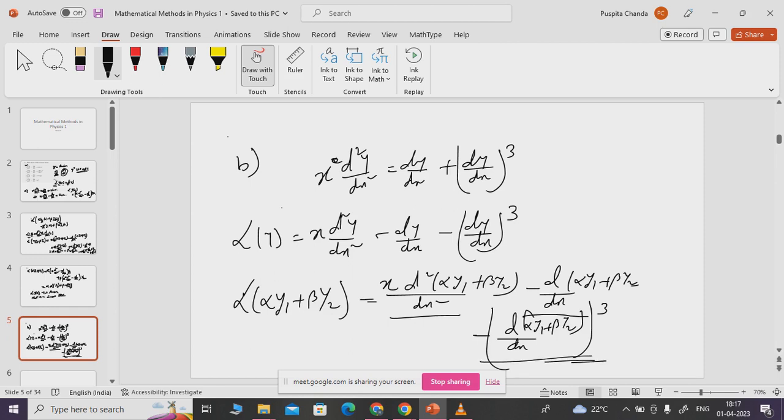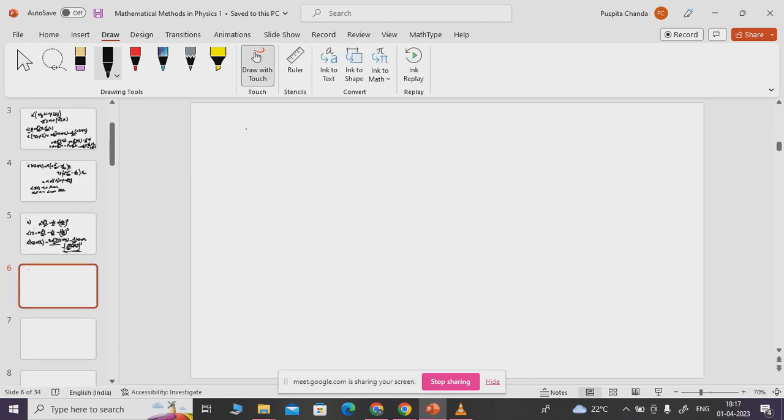The problem is with this last term. Now we will see if it gives back alpha (d/dx y1) whole cube plus beta (d/dx y2) whole cube. But we know that wouldn't be possible.